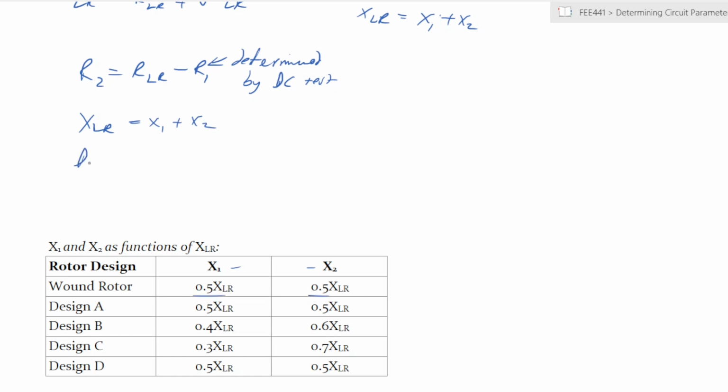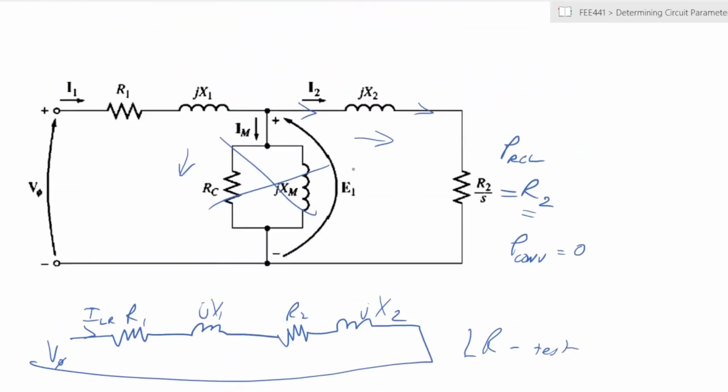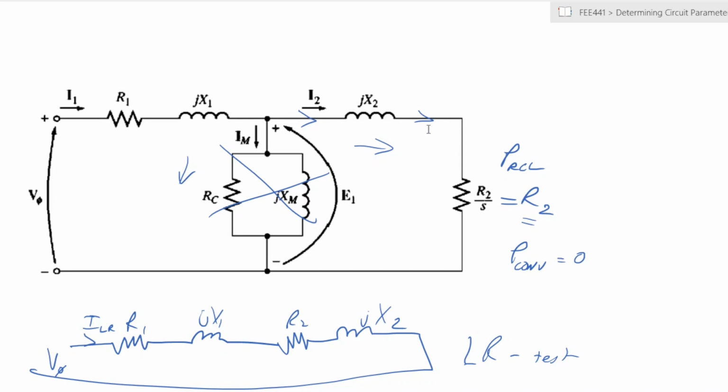But if we take design B, we will know that X1 is equal to 0.4 XLR and X2 is equal to 0.6 XLR. So the ratio is predetermined by the characteristics of the design of the machine itself. Those you are able to determine, and by that means, you will be able to determine X1 and X2.